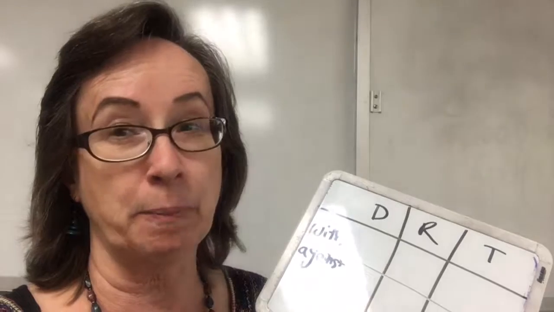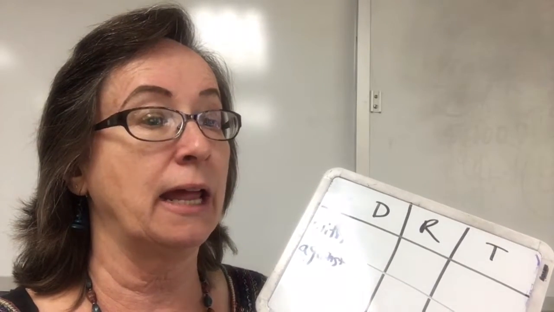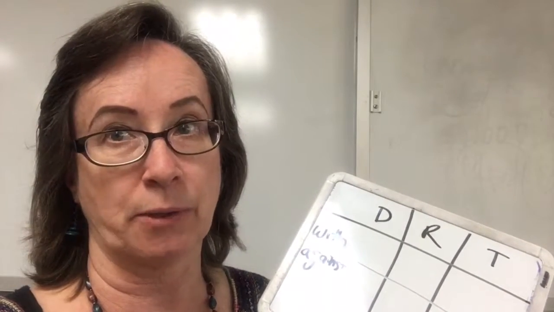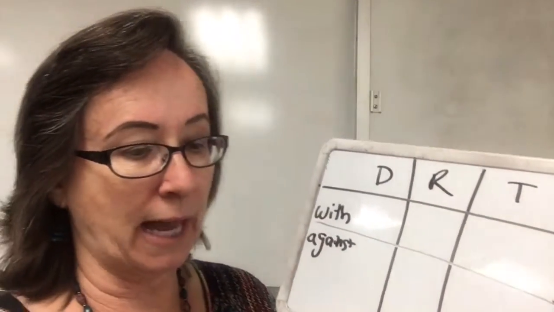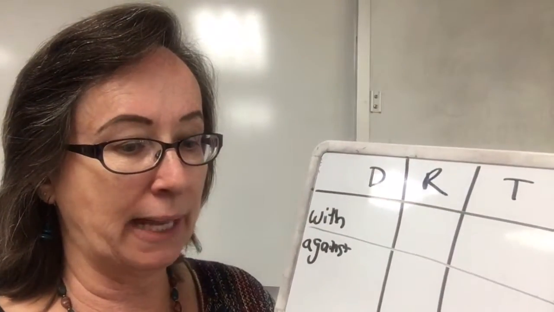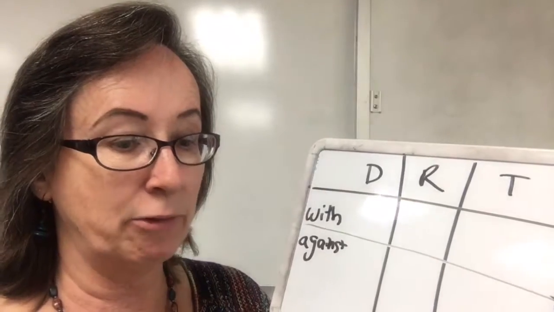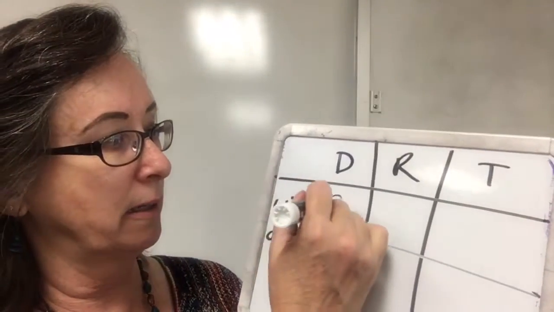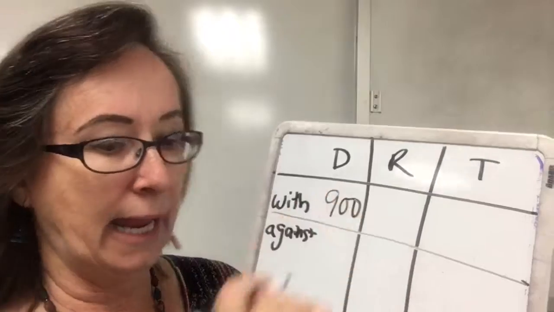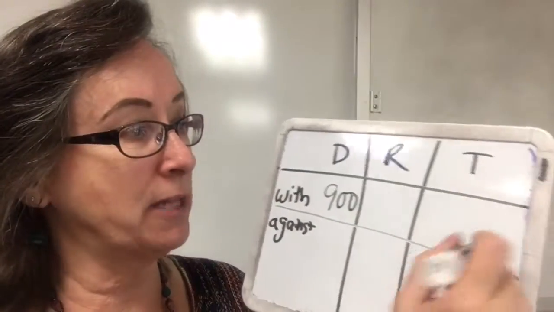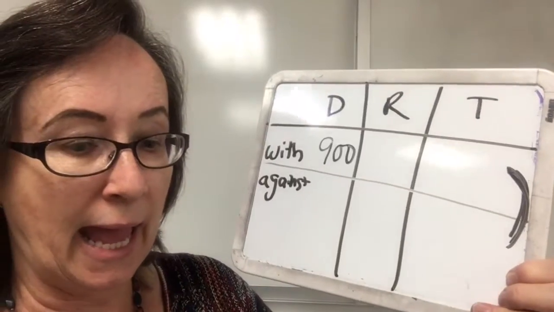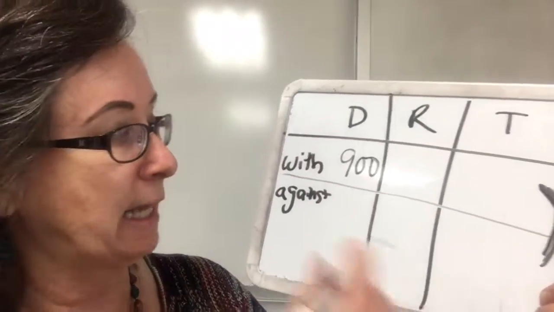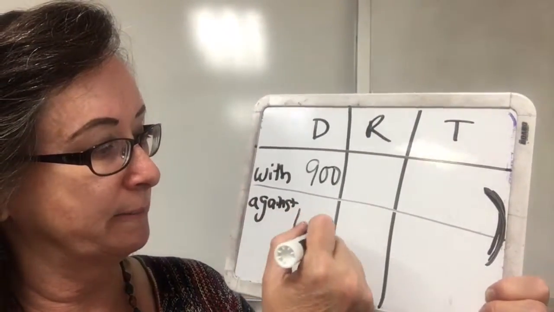What is the speed of the plane in still air if the wind blows at 60 miles per hour? Okay, so as I read it again, the plane can fly 900 miles with the wind, and in the same amount of time, so again, these two t's are going to be the same, it can fly 600 miles against the wind.